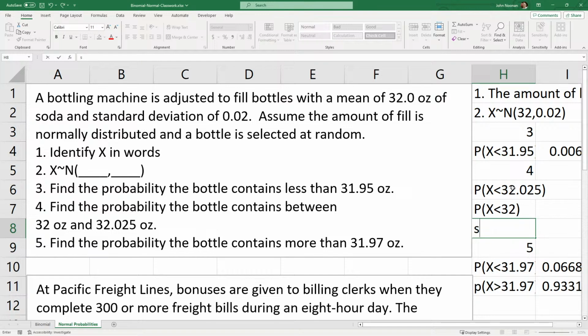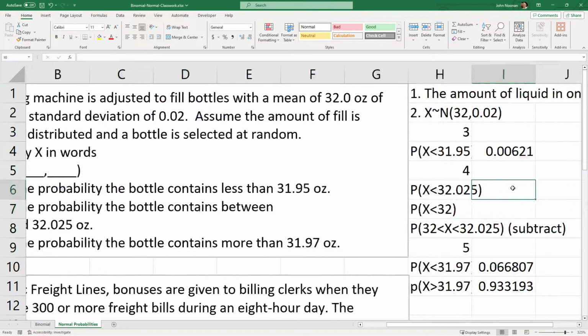I want to type the probability statement. Probability that 32 is less than x is less than 32.025. And then I'll put in parentheses, subtract, because that's what I'm doing. Okay, so you understand the strategy, I hope.